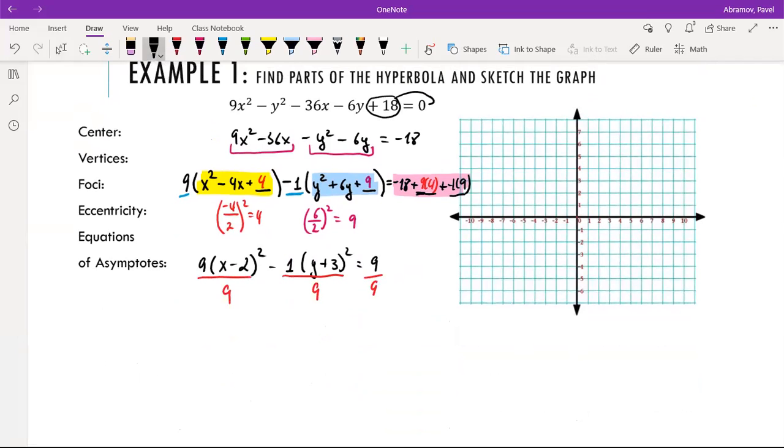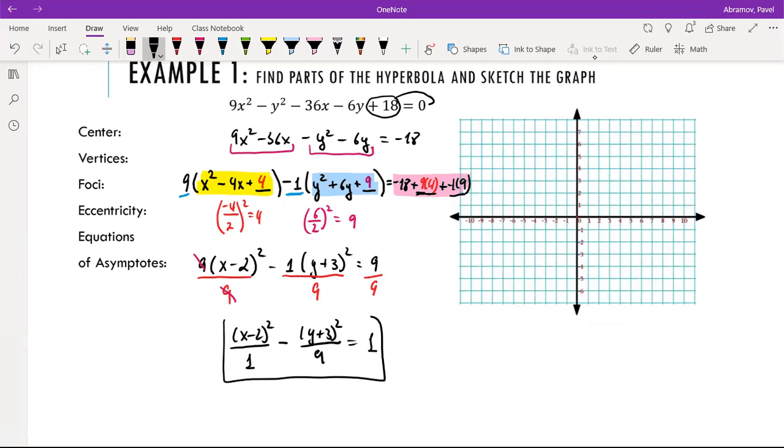And therefore the equation becomes x minus 2 squared divided by 9 minus y plus 3 squared divided by 9. Oh, sorry, this is not 9, it's going to be 1, because our 9s, of course, will cancel. And that equals 1. So this is our equation.